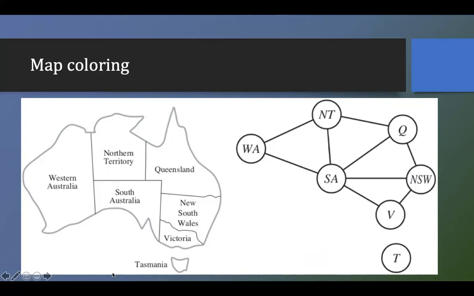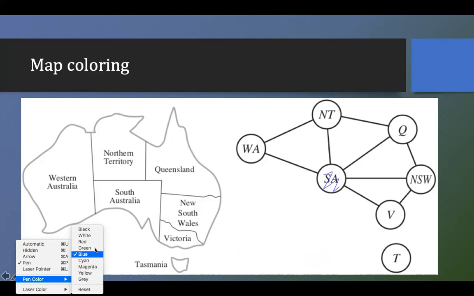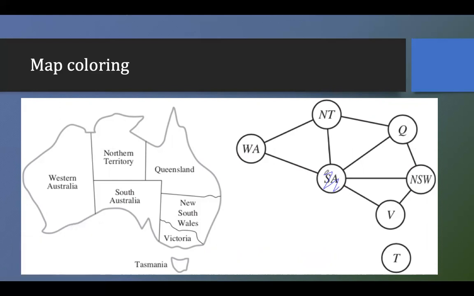So if we give the color blue to South Australia, any neighbor of South Australia will not have the same color. It should have a color different than blue, so either red or green. This is how it works.